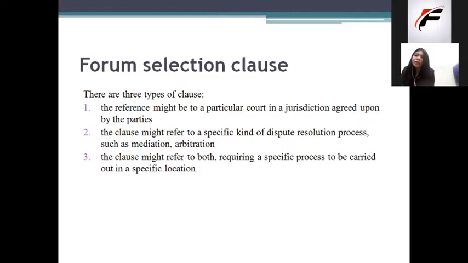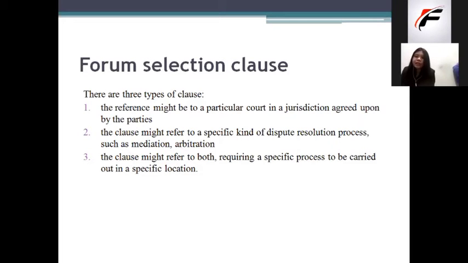The second one is that the clause may refer to a specific kind of dispute resolution process such as mediation, arbitration. The third one, the clause might refer to both, requiring a specific process to be carried out in a specific location.